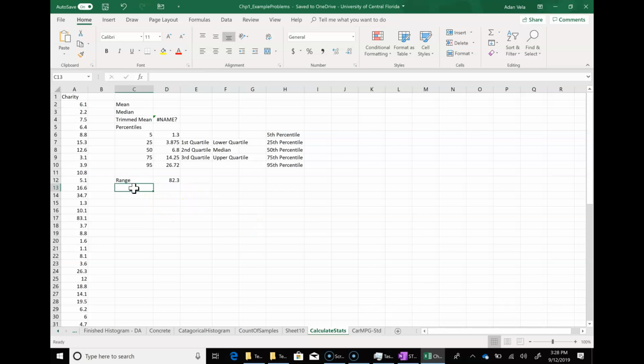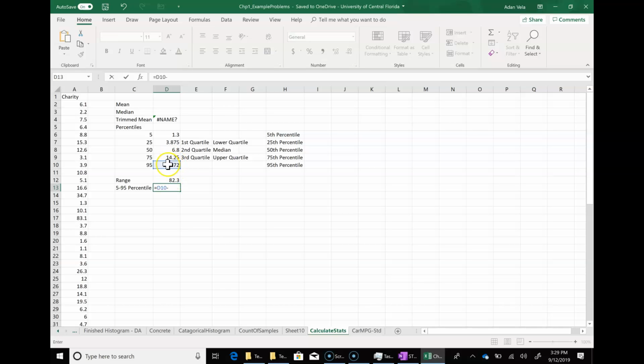One thing that I'll do is I'll ask what's the 5 to 95% percentile range. I don't know what you'd call it. I want to know what's the range of variability I expect to see in these charities, or what's the range of delays I expect to see for airplanes. So I can just use the percentiles that I already calculated.